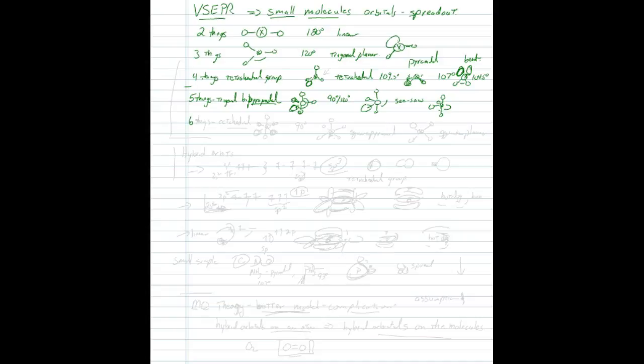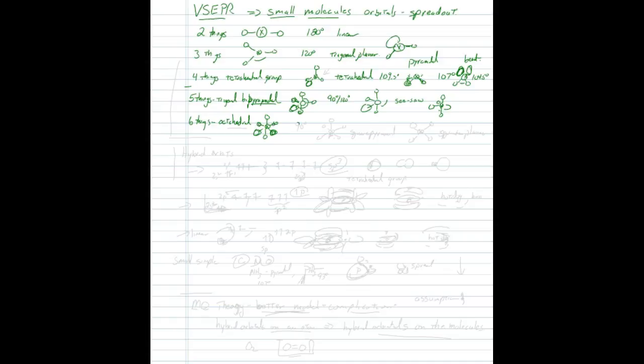If you have six things, this is octahedral. Octahedral is a central atom connected to six things. Some are out in front, and some are recessed back.